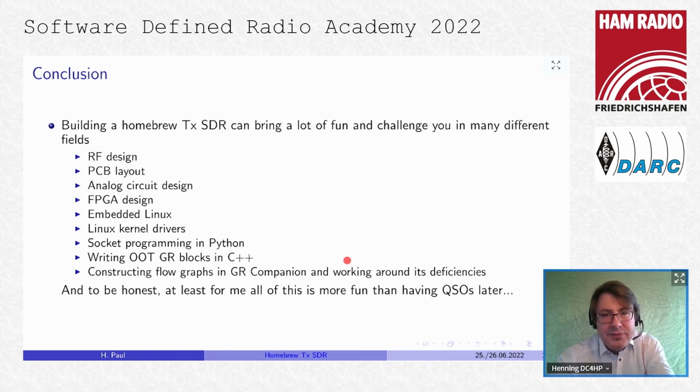A lot of different cogs interacting with each other, but when it finally works out, it's really satisfying to have your first QSO on your self-built transceiver with someone else in the world who most likely doesn't even know what piece of hardware he's communicating with. But knowing that you built all this yourself, it's really worth the pain on the way there.